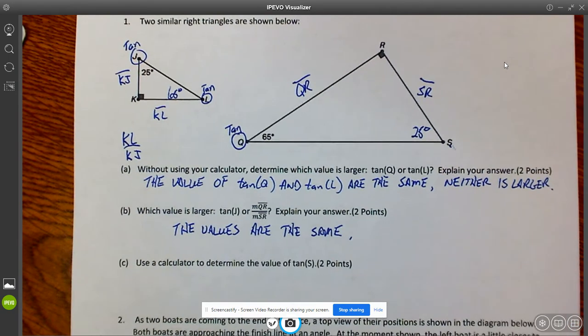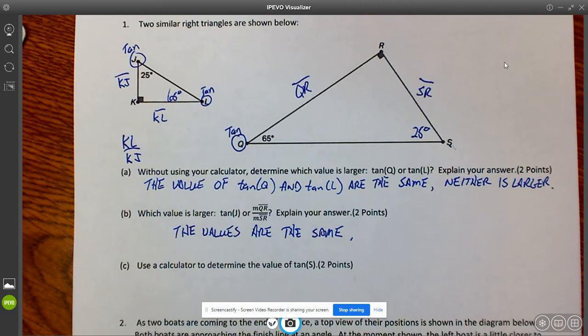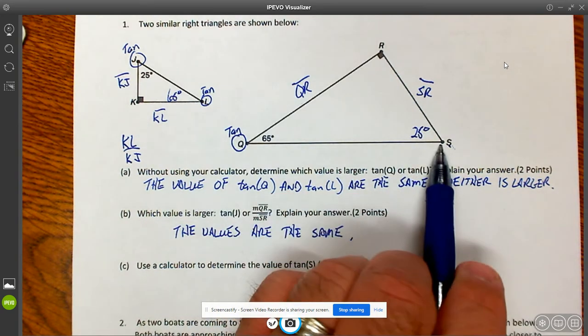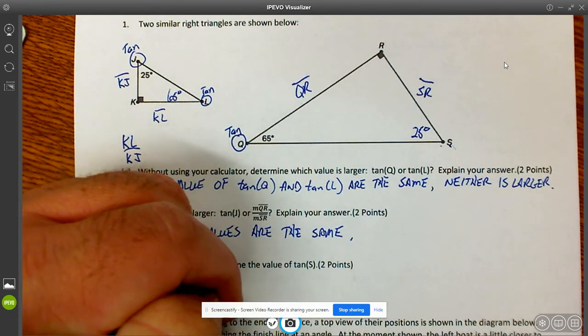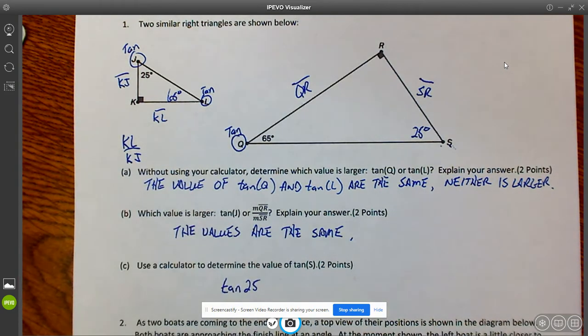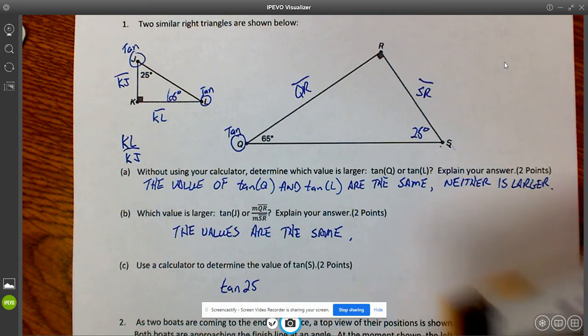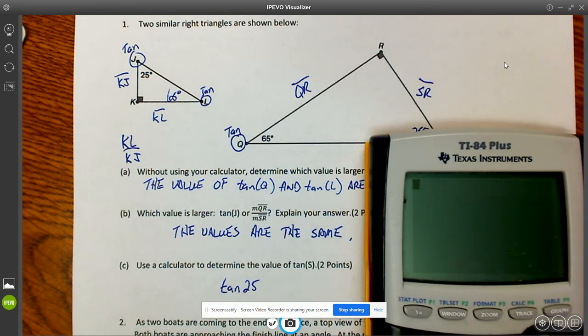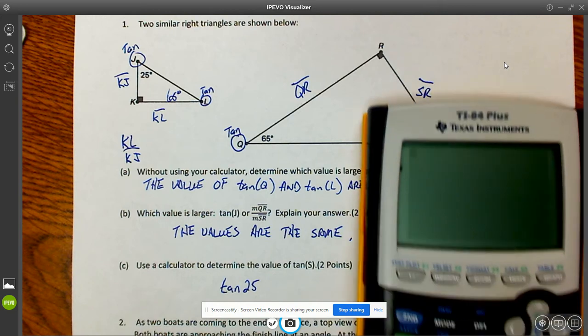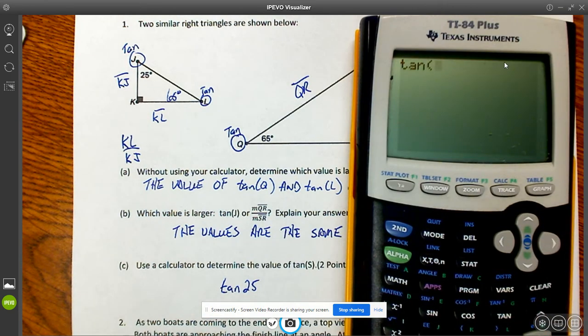And then this last one. Use a calculator to determine the value of tan S. What is S? S is 25. So what is the value using a calculator of tan 25? Some of you overthought this. All you have to do is hit tan 25.